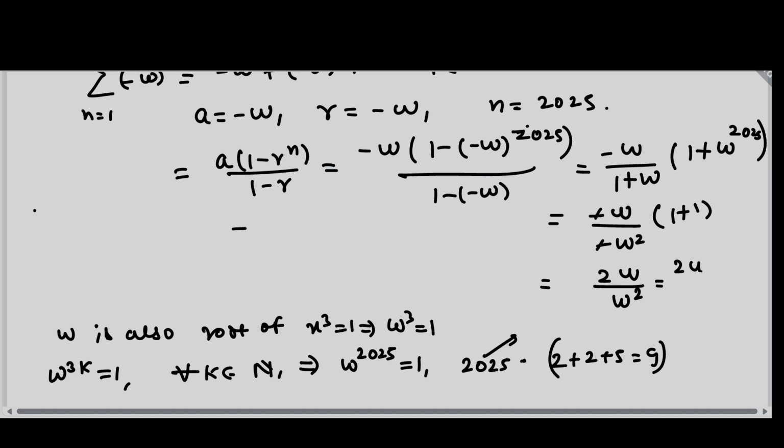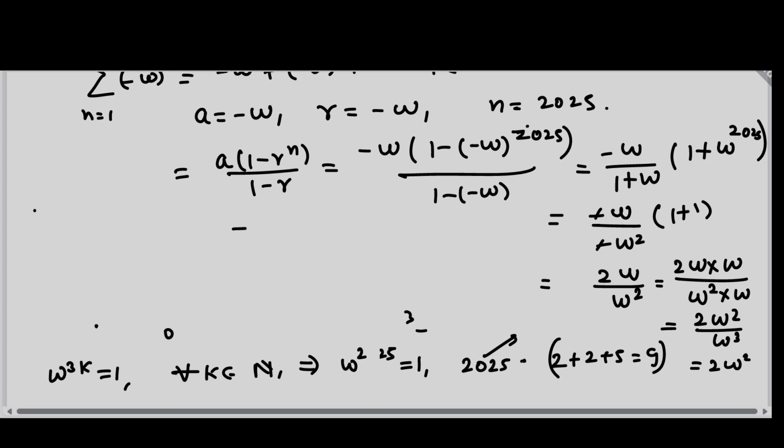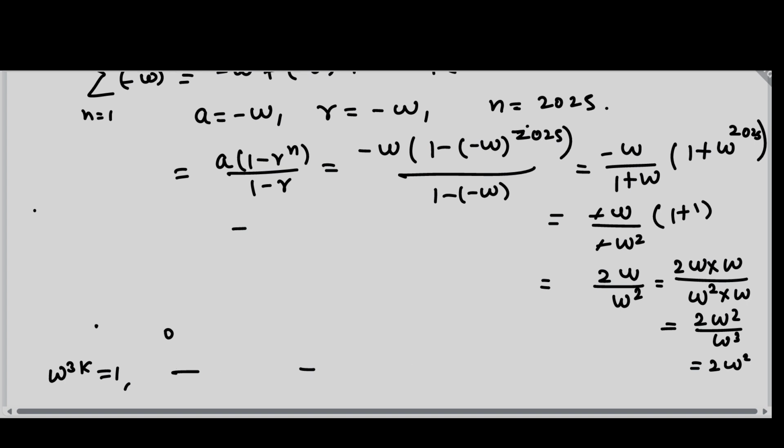Multiplying omega in numerator and denominator, this is 2 omega square over omega cube, which is 2 omega square. Thus the value of this summation is 2 omega square.